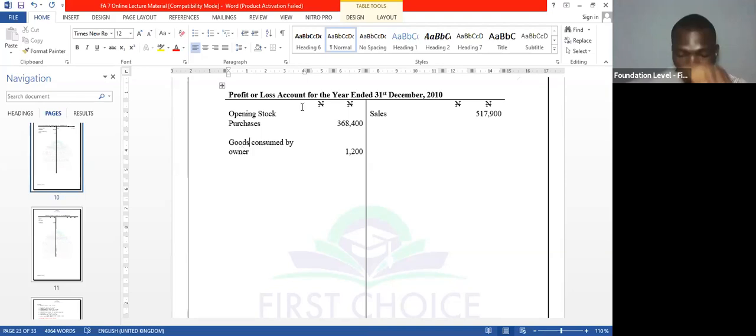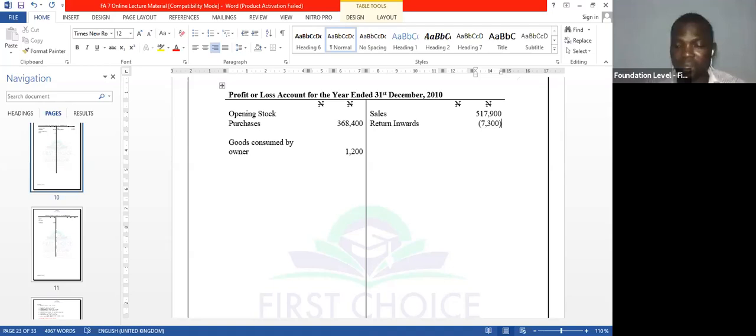So we put it under sales as return inwards. The figure for return inwards given to us is 7,300. Remember, we are reducing it, so we put it in brackets.